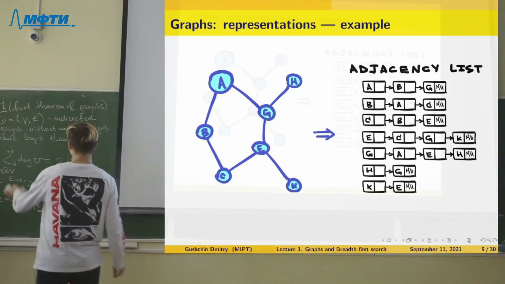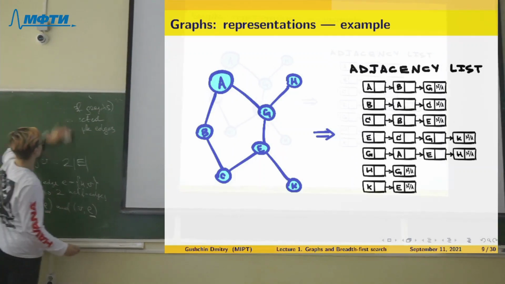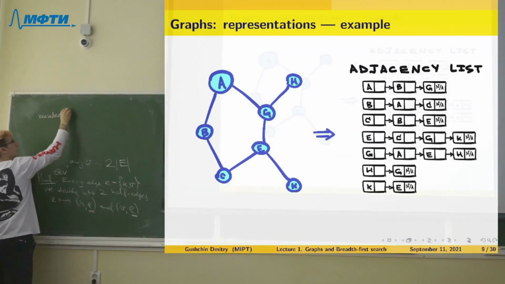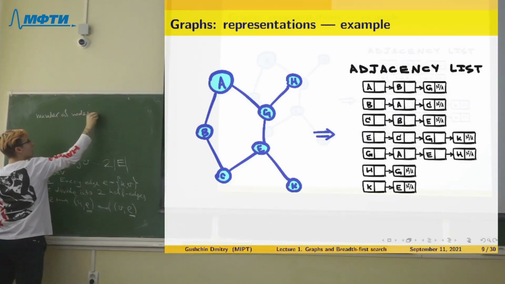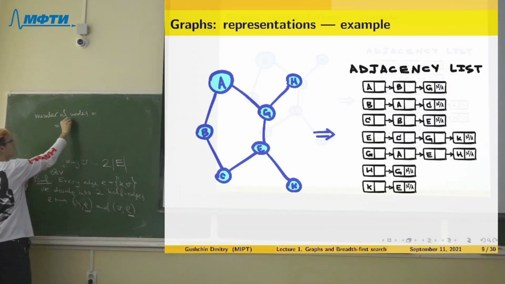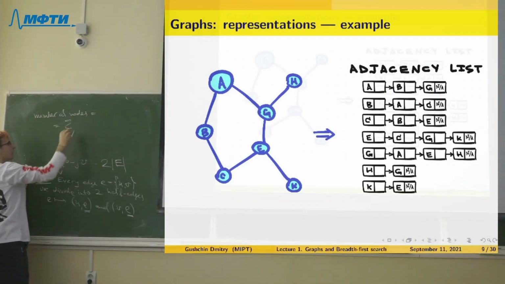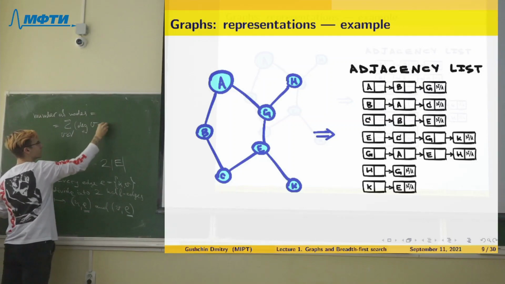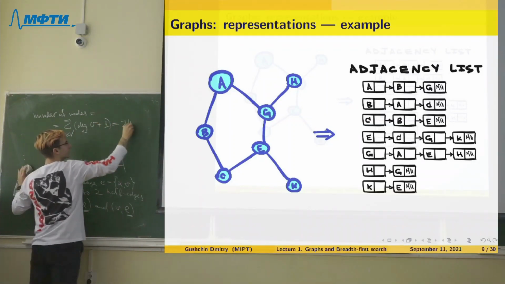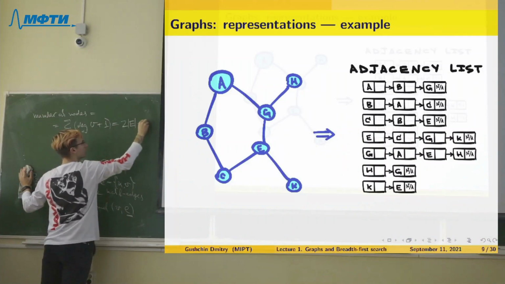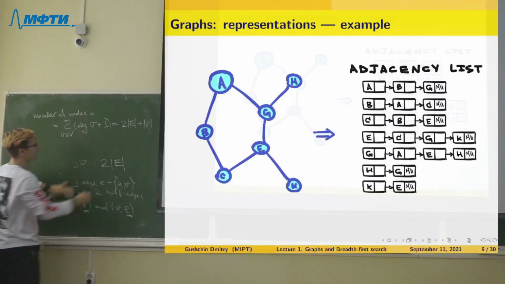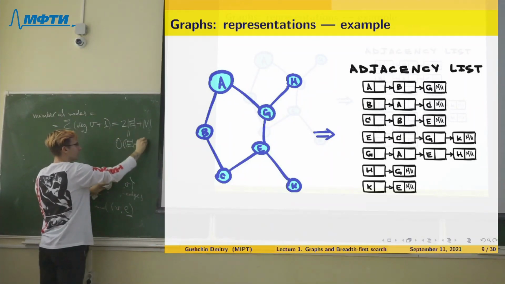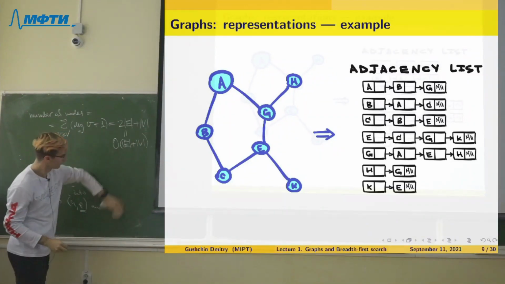So the number of nodes is equal to the sum of the degree of vertex plus 1. It's equal to twice the number of edges plus the number of vertices. It's equal to O of the number of edges plus the number of vertices. Okay? Nice.